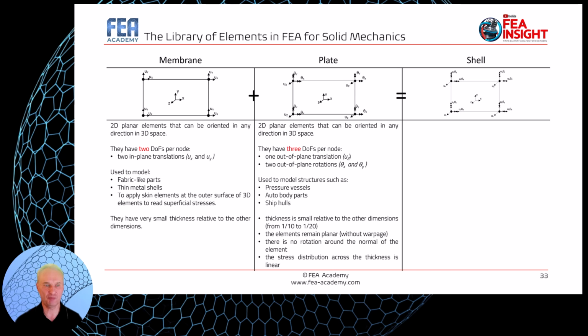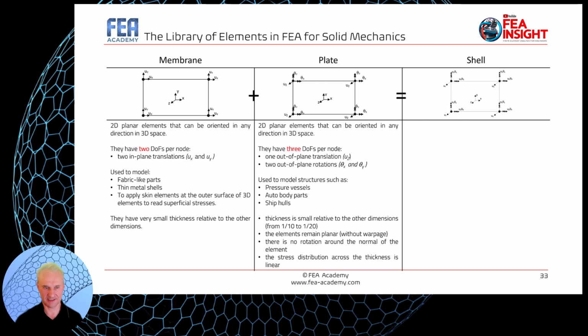Then we have the plate element. Again, they can be oriented in any direction in 3D space, and they have 3 degrees of freedom per node: the out-of-plane translation and 2 out-of-plane rotations. They are typically used to model structures such as pressure vessels, auto body parts, or even ship hulls.